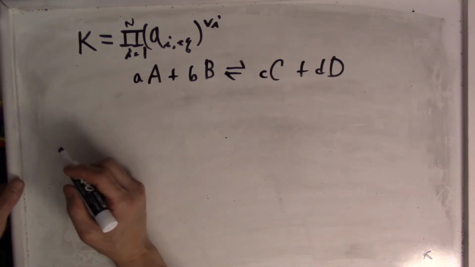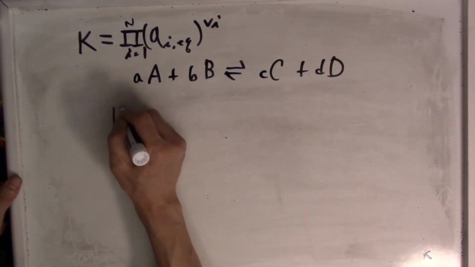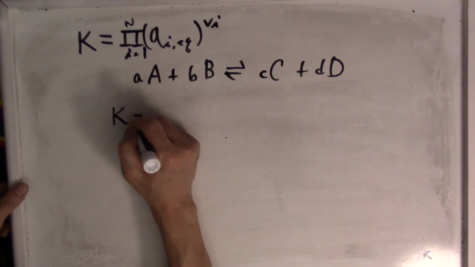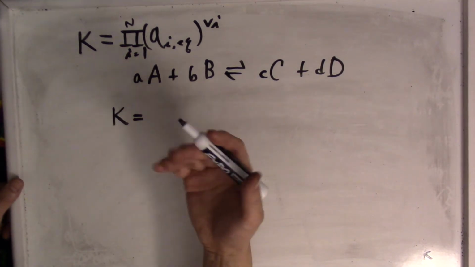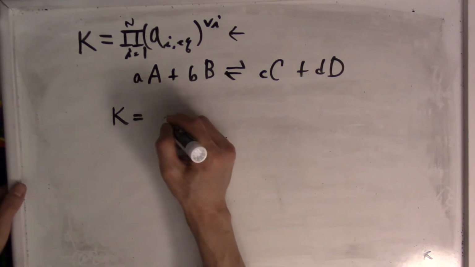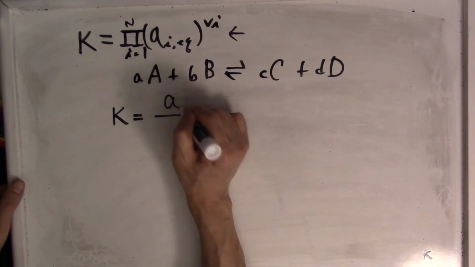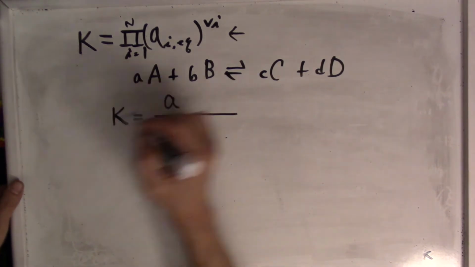Remember, without going back to this equation, let's just look at what you know. Basically, the equilibrium constant is the activity of products over reactants.